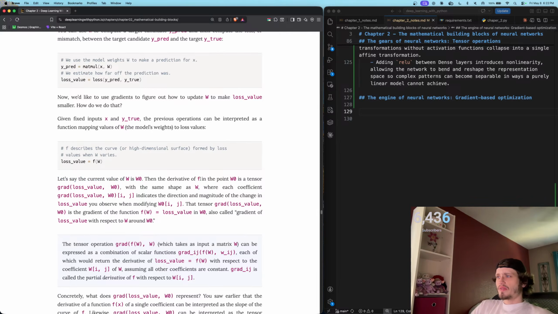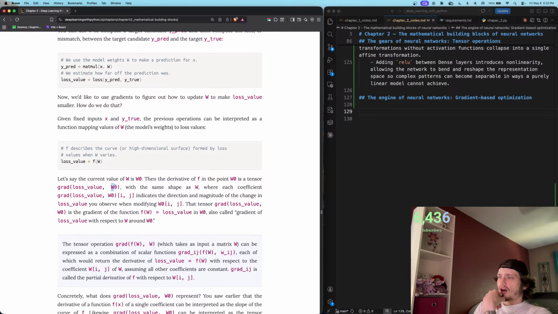Then the derivative of f in the point W0 is a tensor grad loss value W0 with the same shape as big W, where each coefficient, gradient loss value, comma big W, index I, index J, indicates the direction and magnitude of the change in loss value.